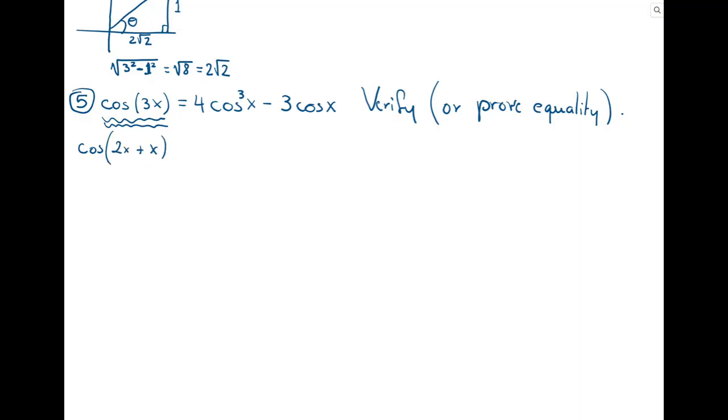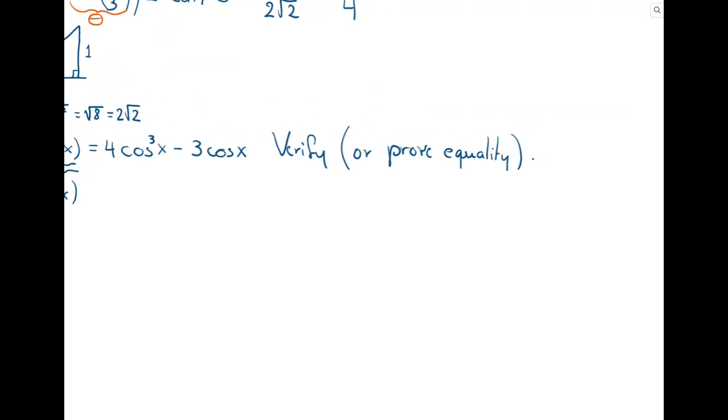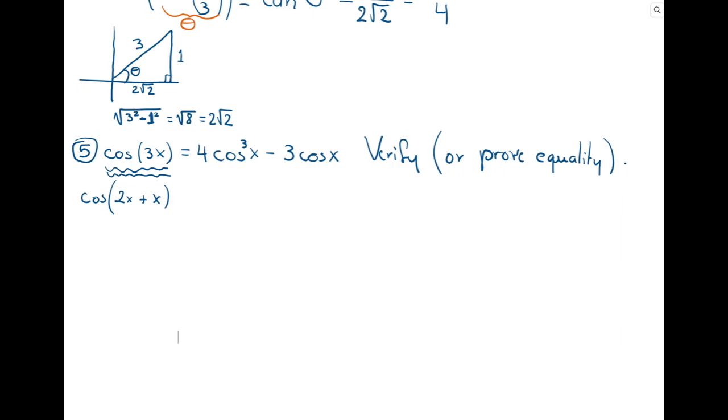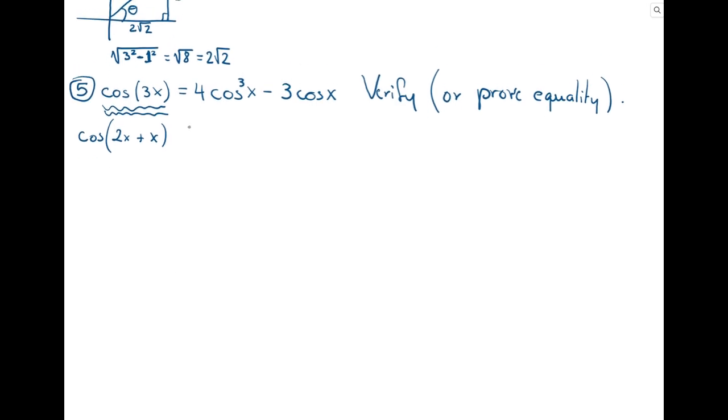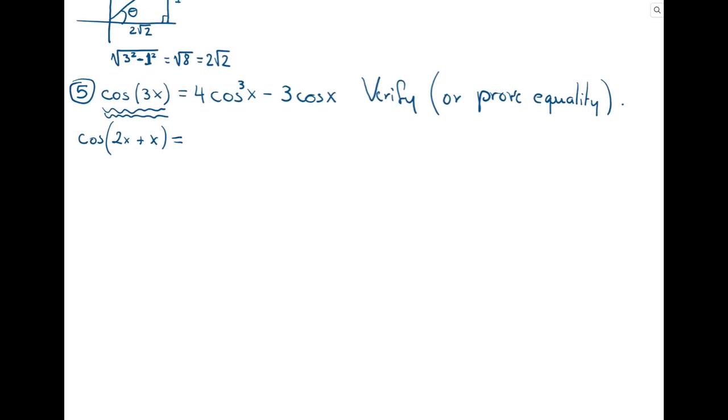Now, why do I do that? Because I don't have an identity for 3x, but I have an identity of cosine for a double angle, and I have an identity for a sum of two angles. So that's why I'm going to use that. Oops, where did you go? Stay here. Okay, now I don't want to touch that right-hand side, so I'm not going to do anything there.